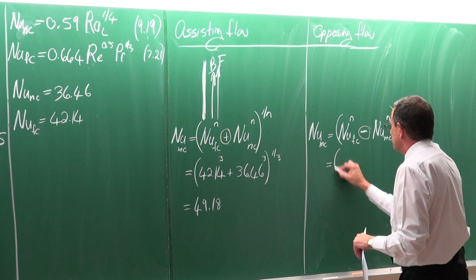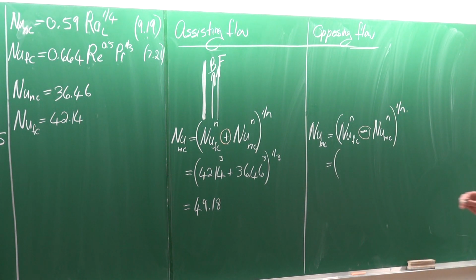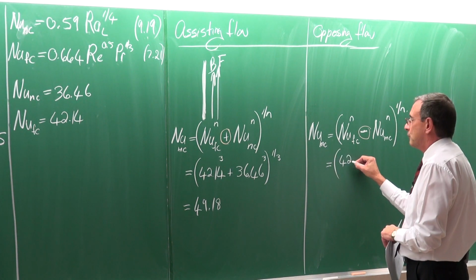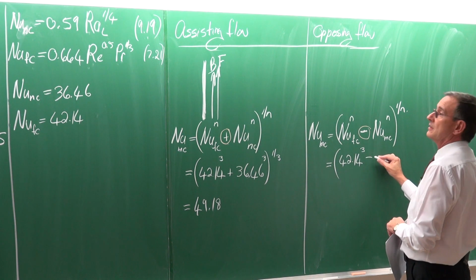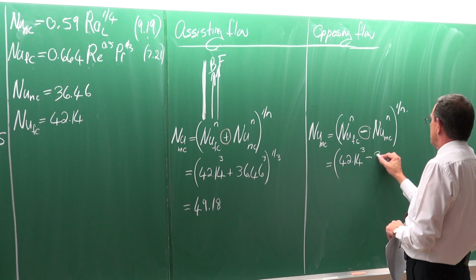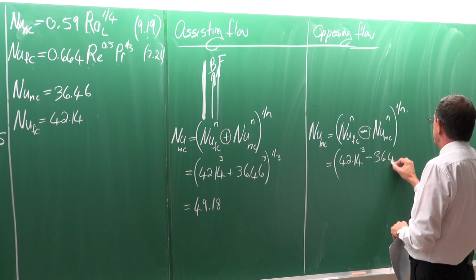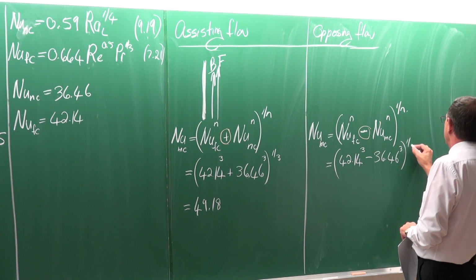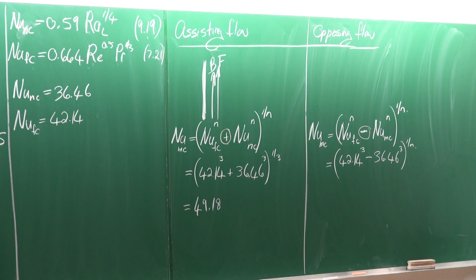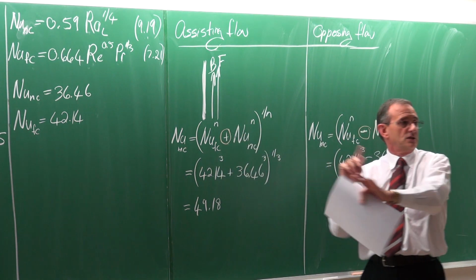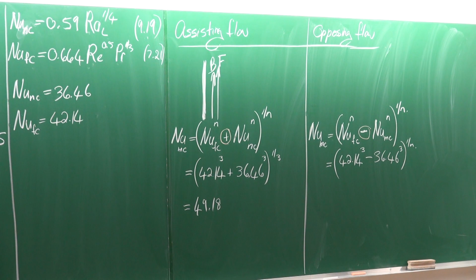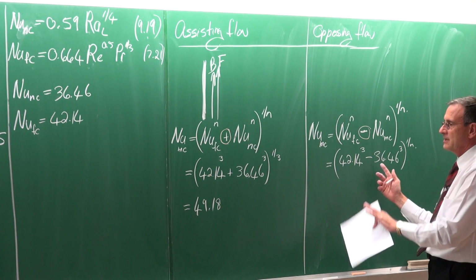In this case, it is equal to the forced convection value, 42.14 to the third, minus 36.46 to the third, to the 1 divided by n. Now when I wrote this down, I was immediately worried that I changed the order, maybe I made a mistake with the order. What happens now if the one is larger than the other?